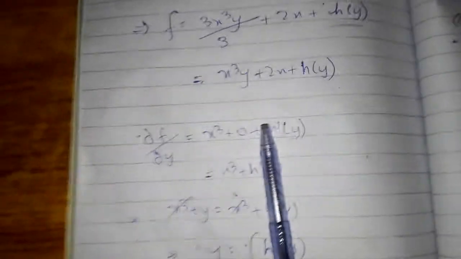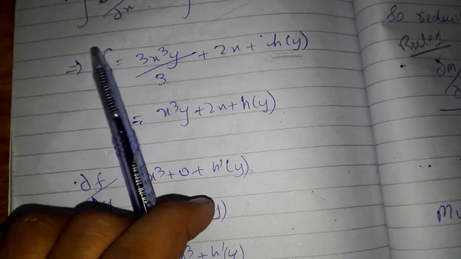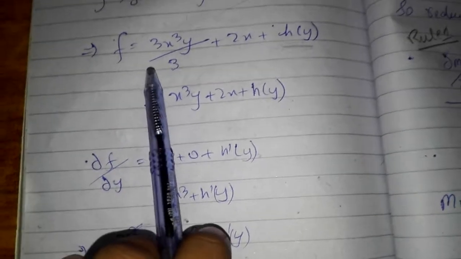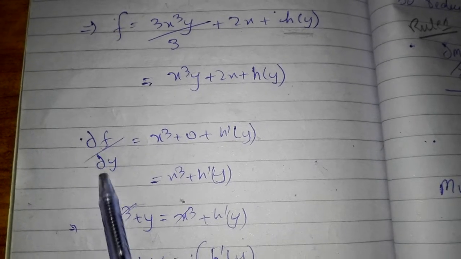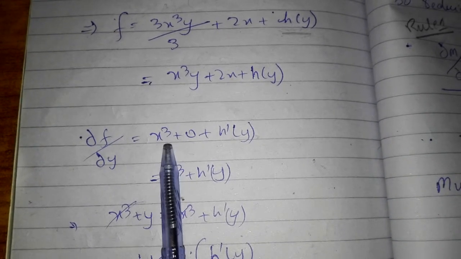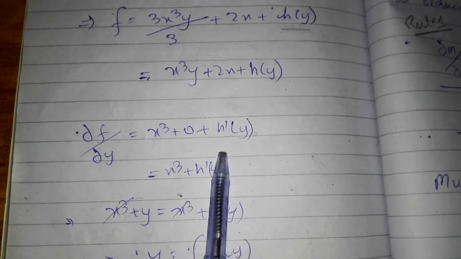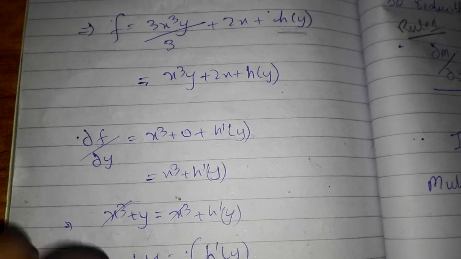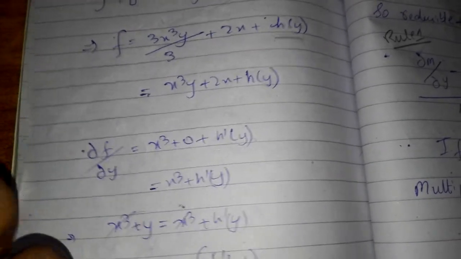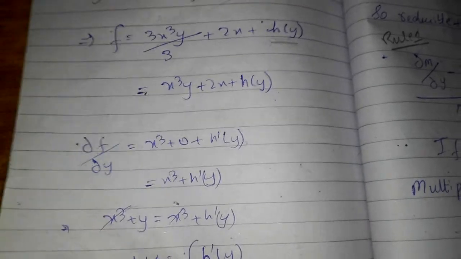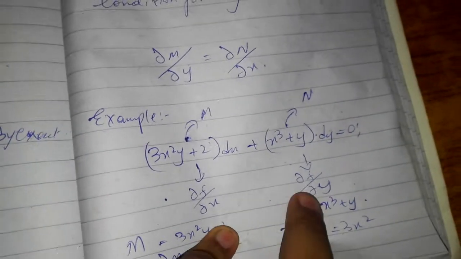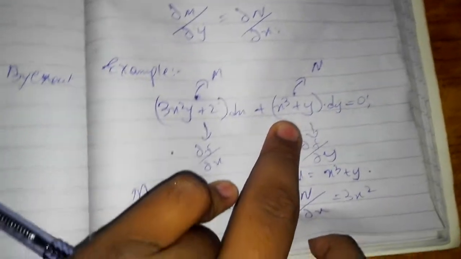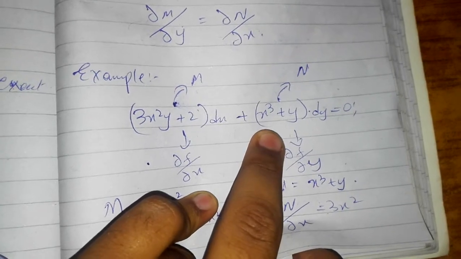Now when we have the equation of f, we will differentiate f partially with respect to y, that would be x³ + 0 + h'(y). Now, as we know from the first page, ∂f/∂y is equal to x³ + y.